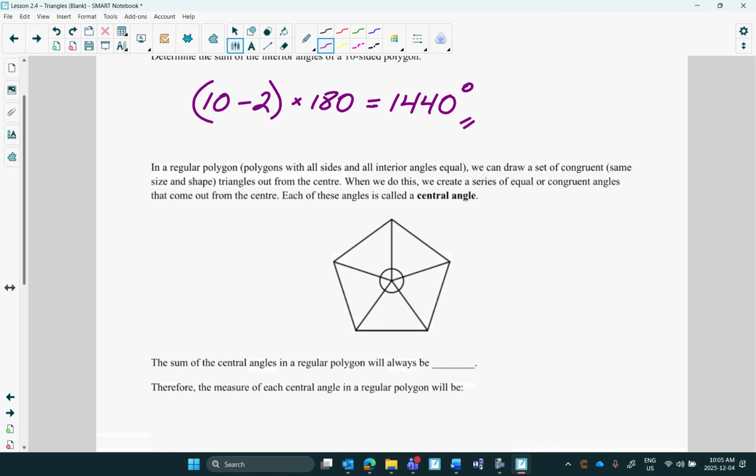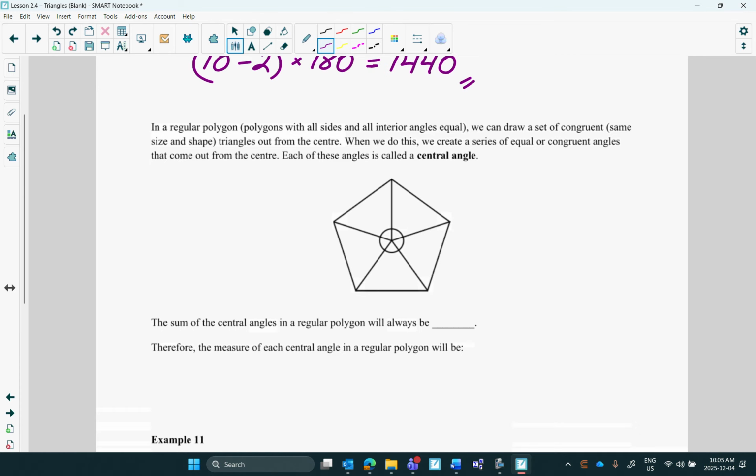Now, the last thing we can do. Yes, that's right. And that's part of the formula. So if I take any regular polygon, remember what regular means? All sides the same. You need to know that. I can take the center of the polygon and draw triangles out from it. So like this pentagon, 5 sides, I can draw 5 equal angles that come out from the center.